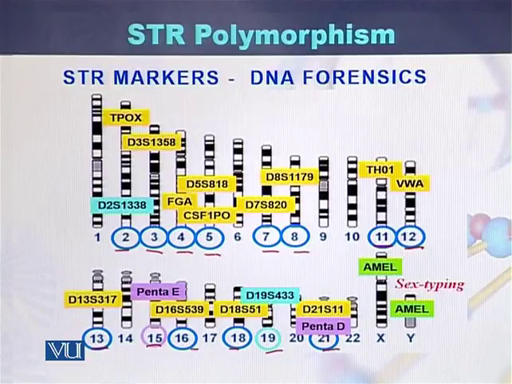And if there is sex typing to identify whether the individual is male or female, then these STR markers are used for sex typing. So STR markers are short tandem repeat sequences which are used in DNA forensics.